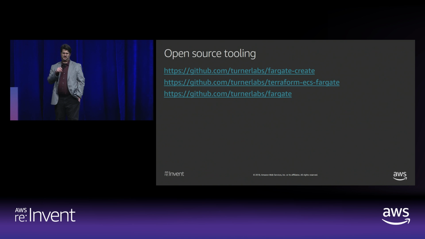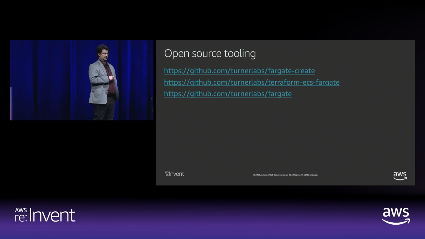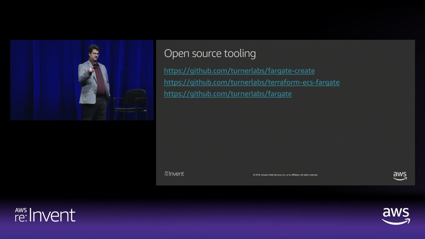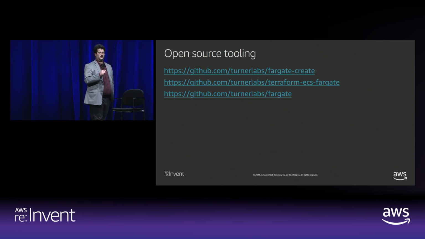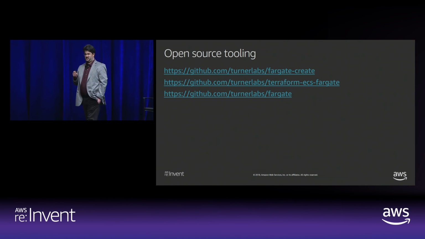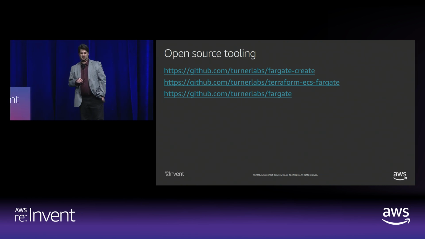And the case that we ran was actually a web server, but it can do other types of infrastructure too. In fact, the Terraform ECS Fargate repo is the scripts that the Fargate Create CLI uses to scaffold out all the Terraform files for you. And then lastly, the Fargate CLI is the thing at the end that we used to get information about the cluster.